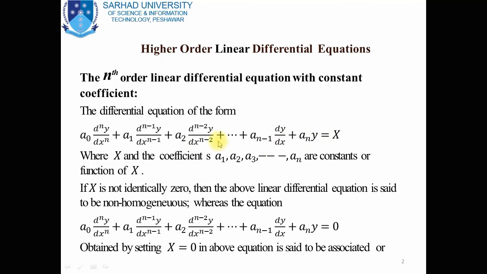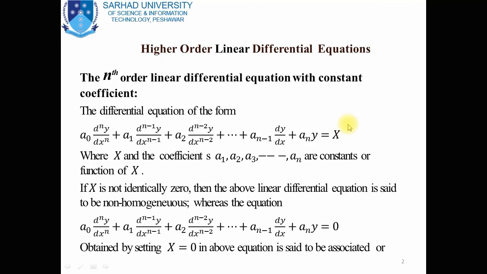But dear students, note that this linear differential equation of higher order has different forms. One form is that sometimes these coefficients a0, a1, a2 are constants and not functions of x, and this right hand side function of x will be 0.